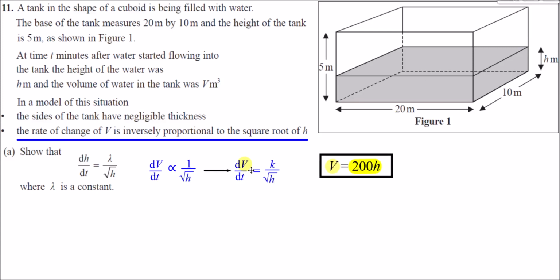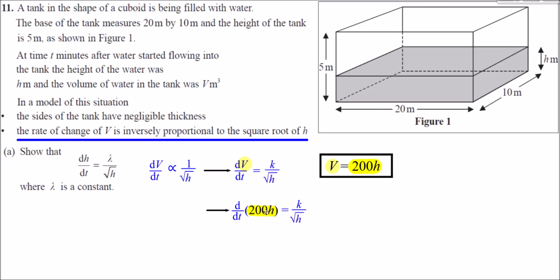We can now think about differentiating V with respect to t. So dV by dt means taking d by dt of 200h. And that must still be equal to k over root h. The 200 is a constant, so I can take that to the outside. So essentially I'm doing 200 multiplied by d over dt of h, which is just dh over dt.